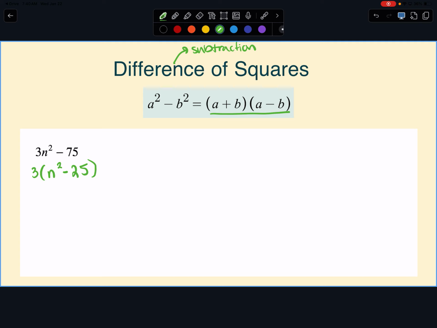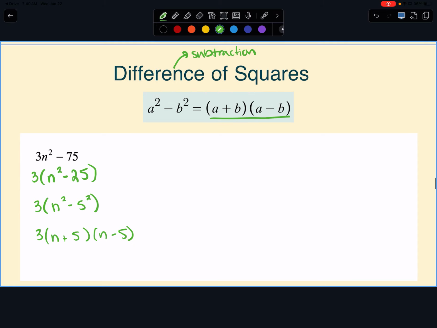N squared is a perfect square, and 25 is a perfect square. 25 is 5 squared. So now I can see who's A and who's B. N is A and 5 is B. So this will follow n plus 5, n minus 5.